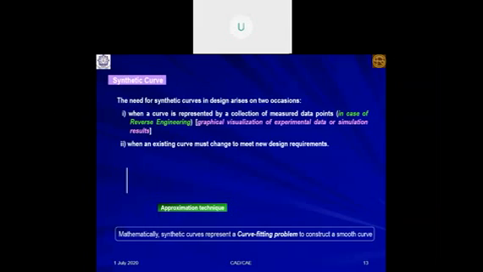Another use of synthetic curves or synthetic surfaces is in reverse engineering applications. For example, you have to recreate a sculptured surface of an old artifact, say 2000 or 4000 years old, and you have to reproduce it. You take that particular model, and using a coordinate measuring machine, CMM, either contact type or non-contact type, you measure data points over the surface, which is called the cloud data.